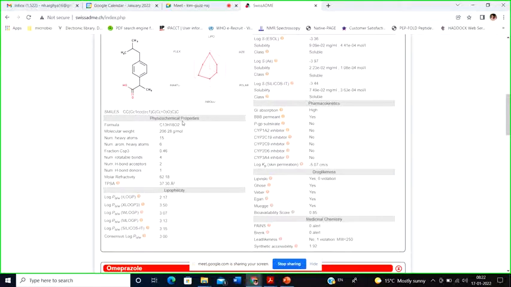Now, simple molecular and physicochemical descriptors like molecular weight, molecular refractivity, the count of specific atom types, the polar surface area, all these are compiled in these sections. Okay. Now, the polar surface area is actually calculated using a fragmental technique.